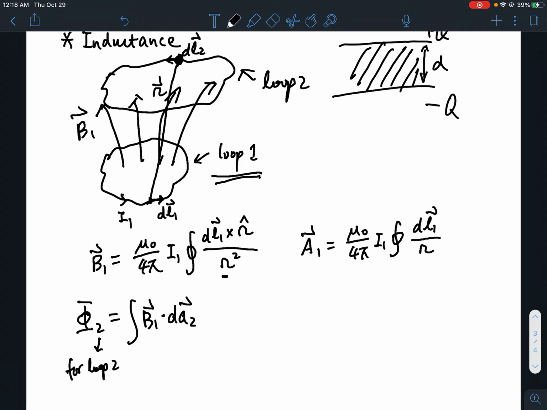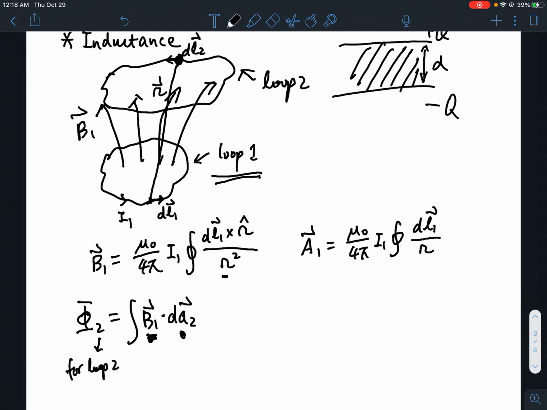Of course, this is the magnetic field caused by loop 1 on the surface of loop 2, and then we just integrate over all the area of loop 2.